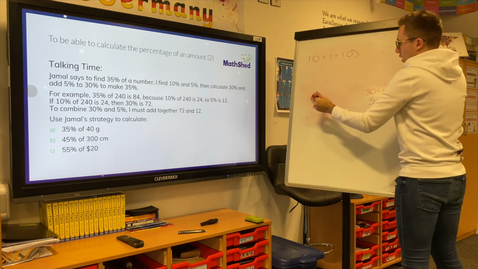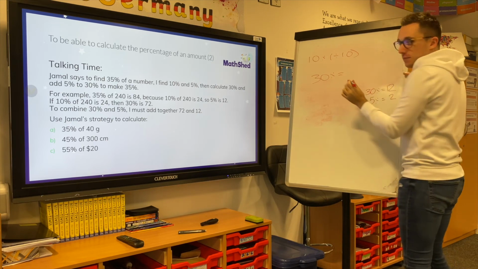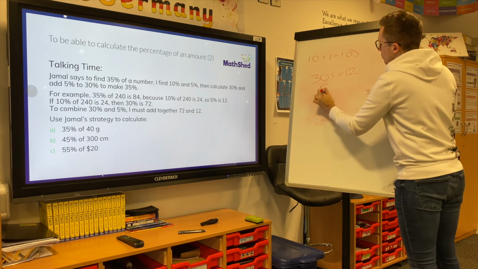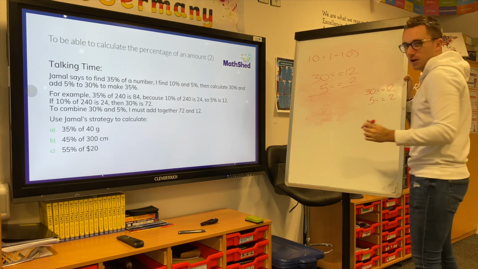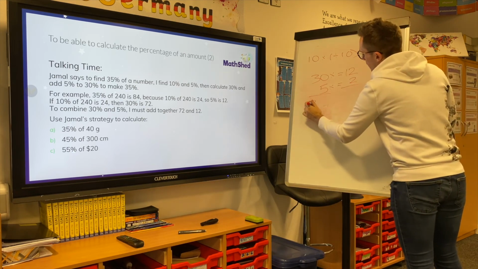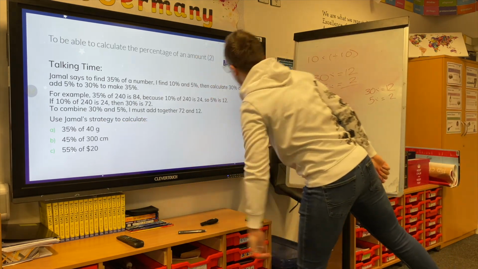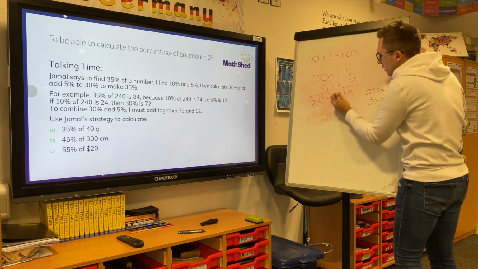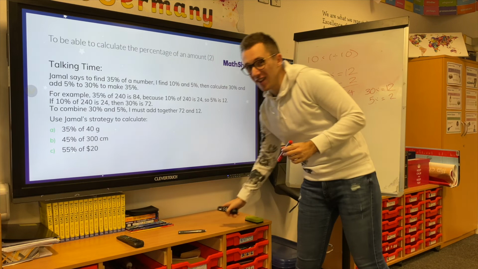So 30%, I'm going to write it nice and big so that you can see it. 30% equals 12. 5% equals 2. I can now add them together. 30 add 5 will give me my 35%, which is what I want. I now add the 12 and the 2, which is 14. So 35% equals 14.